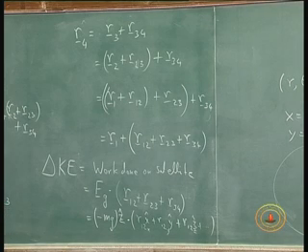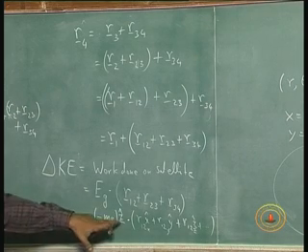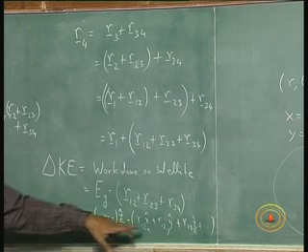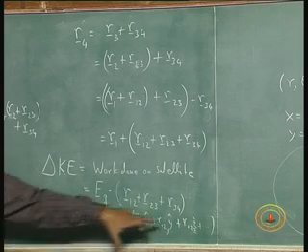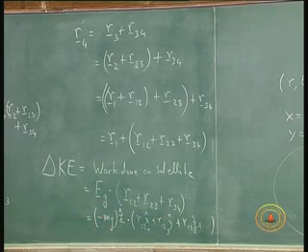But now I know x dot z is 0, y dot z is 0, and only z dot z remains, and z dot z is 1. So I need only to keep the z components.